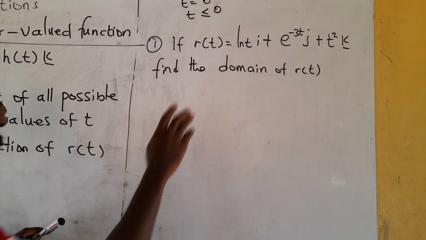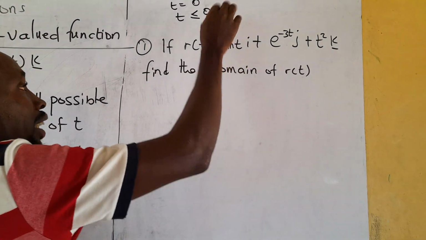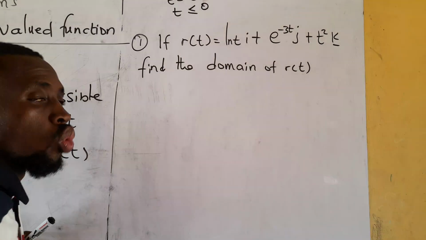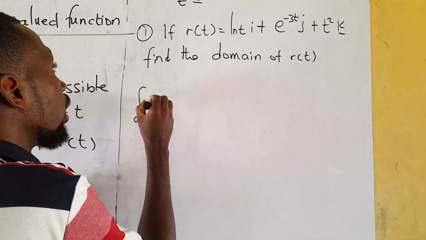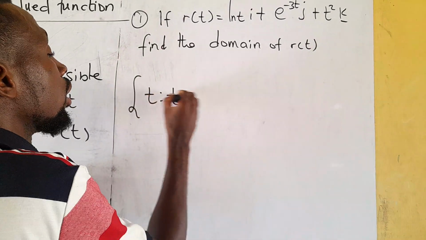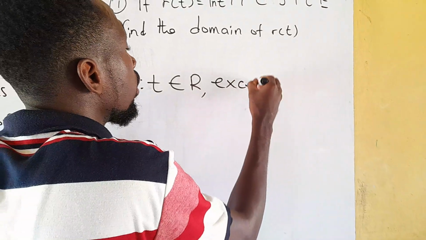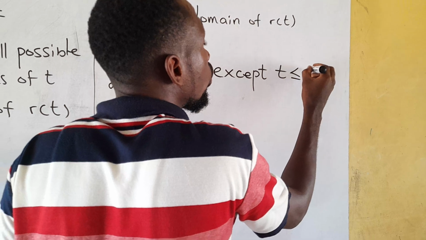Then the domain is the set of all possible values of t except t which is less than or equal to 0. So we can say that the domain is that t is such that t is a member of all real numbers except t less than or equal to 0.